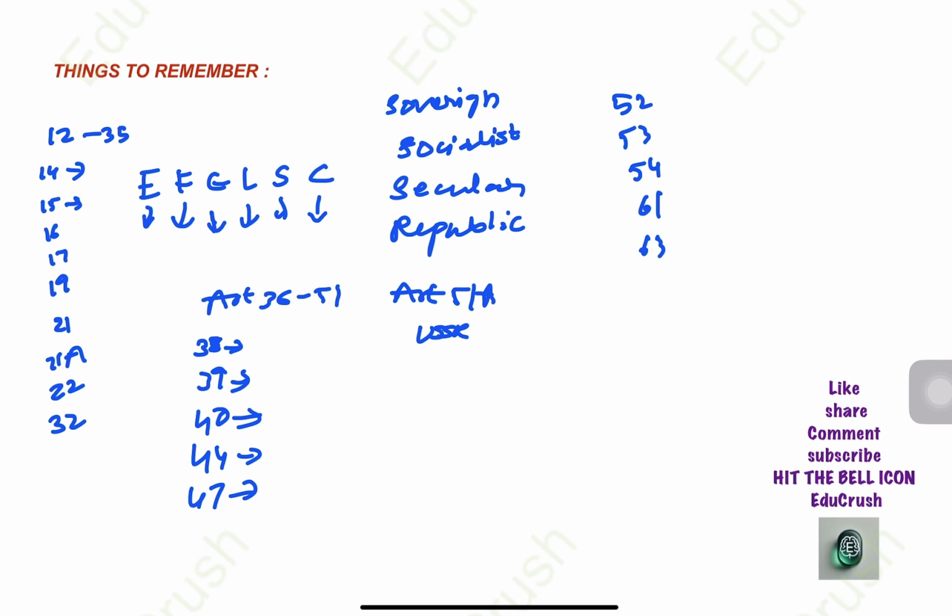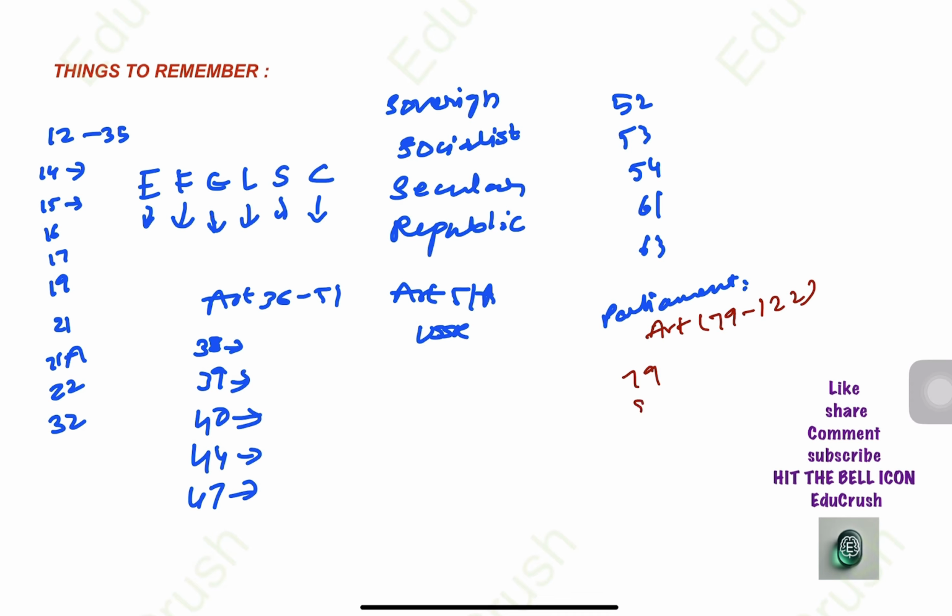Next, coming to the parliament, from Article 79 to 122. Important articles are Article 79, composition, that is Rajya Sabha plus Lok Sabha plus president.